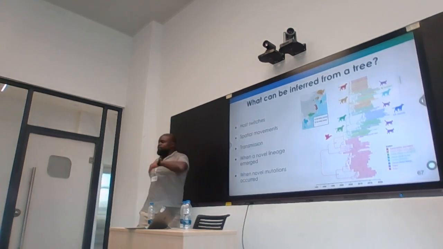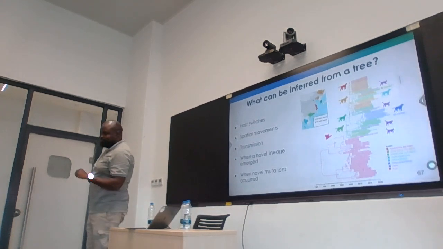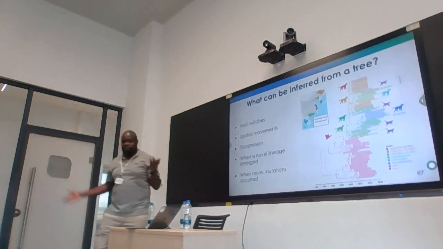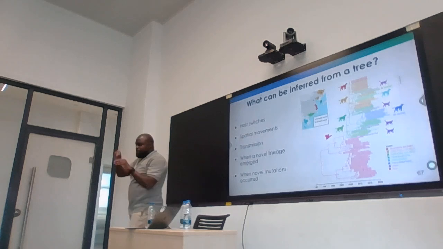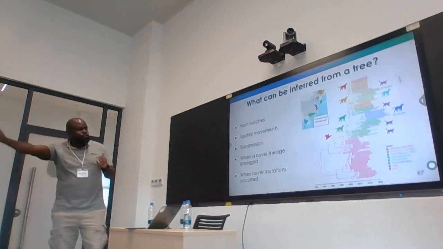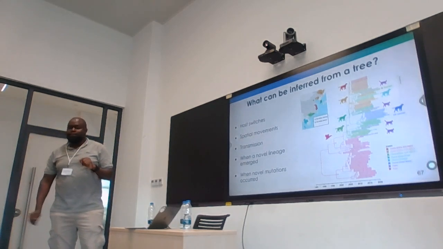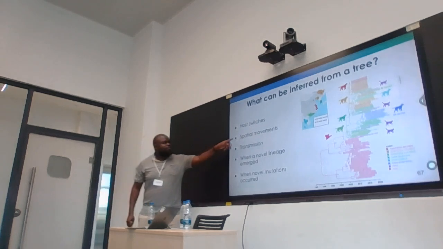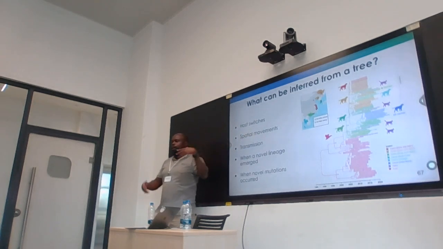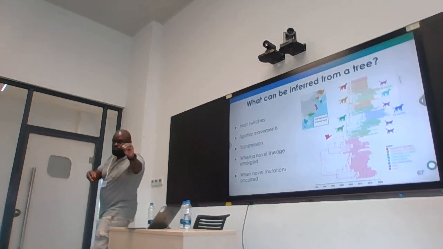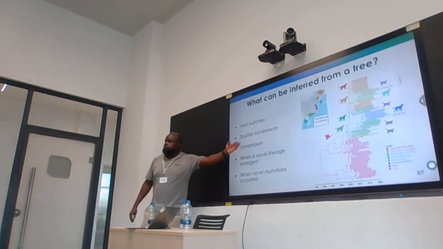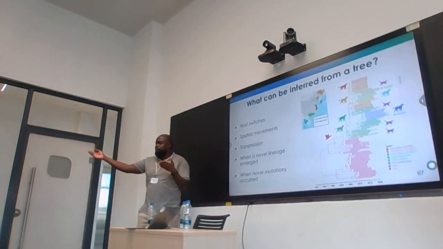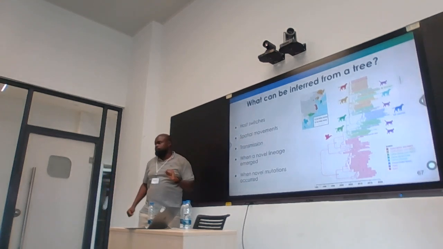So what can you infer from a tree? There are different things you can infer from a tree. For example, host switches. How a pathogen moves from one host to the next. Okay? We can understand spatial movements. How a pathogen moves from one location to another. Okay? We can look at transmission. Okay? From, let's say, one host to the next. Again, highlighting something like host switches.